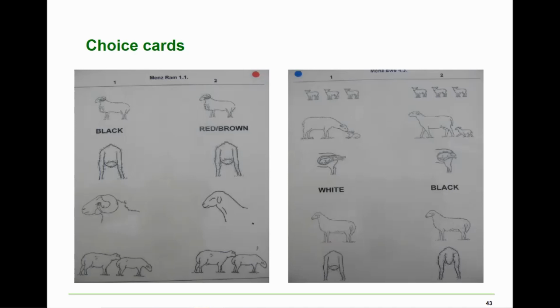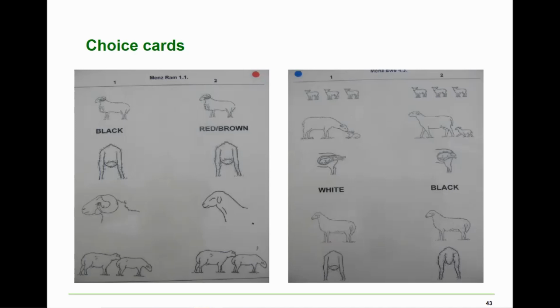White and black colors. And basically the tails: one of them has a big fat tail and the other one a normal tail. I mentioned these tails because these were fat tail sheep, so this was also one of the traits that, of course, is relevant in this particular breed.